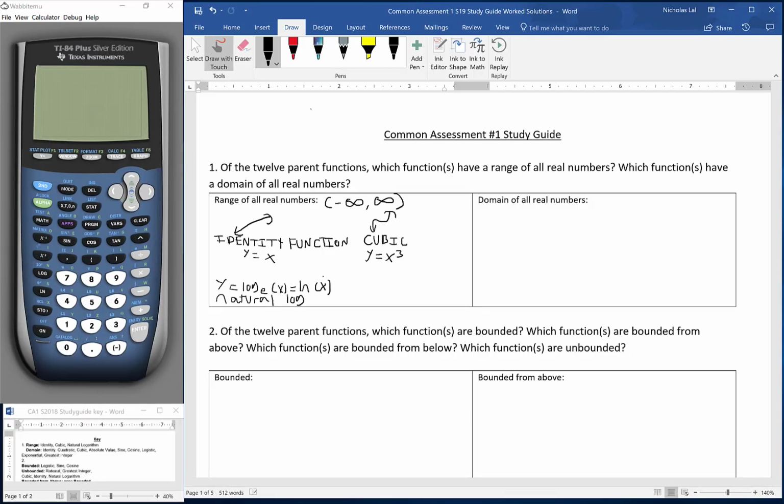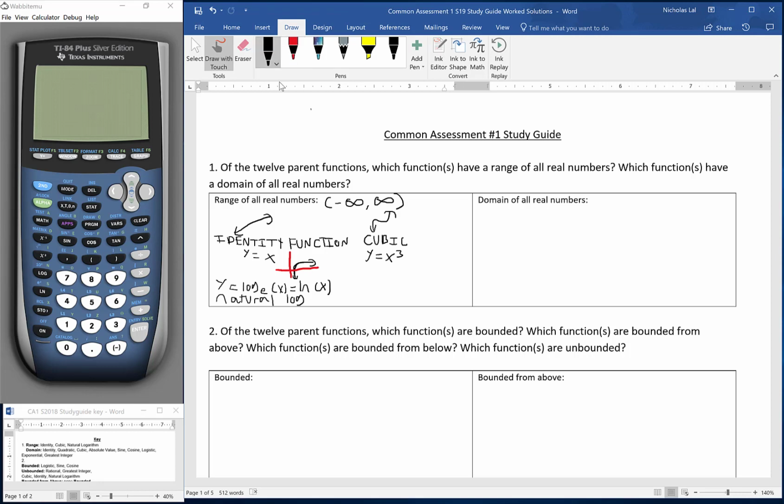This function looks somewhat like this, drawing the x and y axis. That would be the y-axis right there. So that's the natural log function.